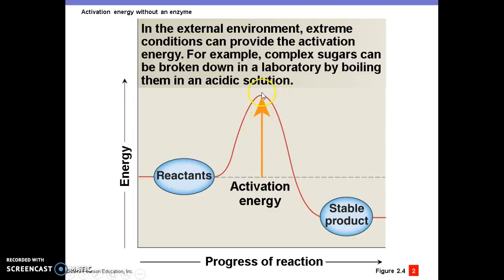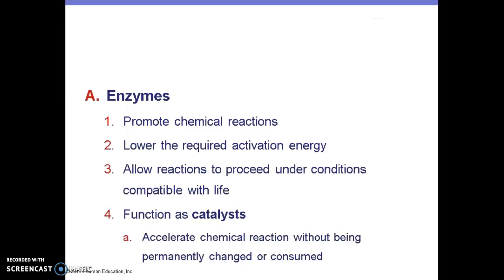For example, sugars can be broken down in the laboratory by boiling them in an acid solution. It's a lot of energy to break down these sugars, and our bodies cannot sustain that kind of action, boiling with acid. So enzymes lower that activation energy. They allow the reaction to proceed and us to stay alive.